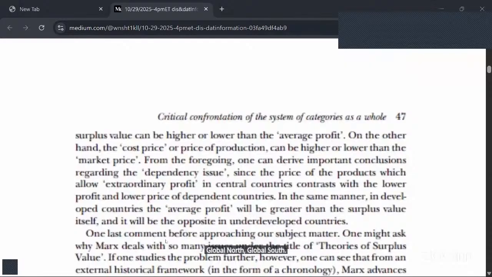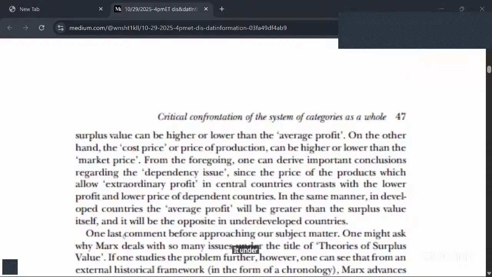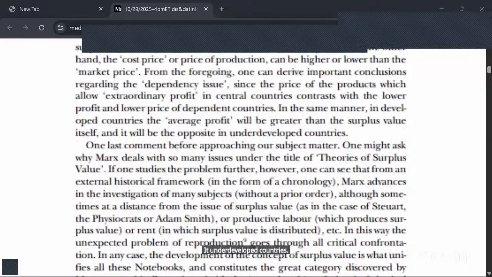In the same manner, in developed countries, the average profit will be greater than the surplus value itself, and it will be the opposite in underdeveloped countries. So it's a relative measure, and is variegated in that particular sense.